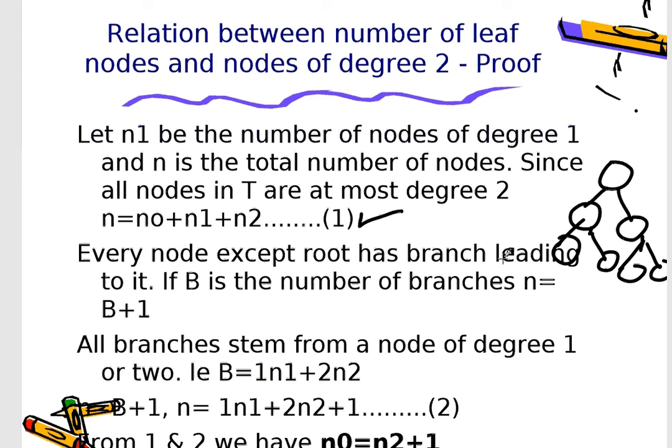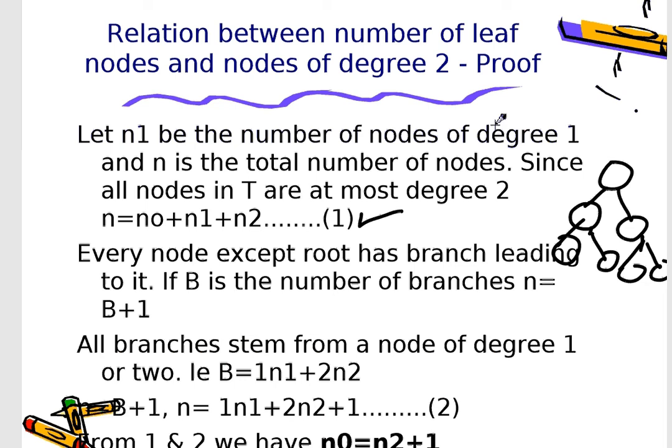Now the next assumption is, let B, capital B, be the number of branches, then the total number of nodes is equal to, so these 6 nodes will be having branches, so B plus the root node. The root node is not having a branch, so we have to consider that. So I can write it as n equal to B plus 1.